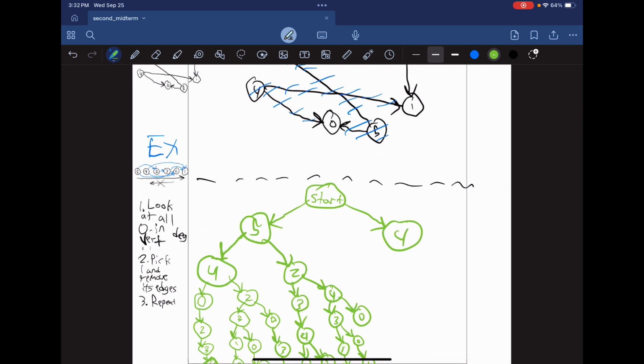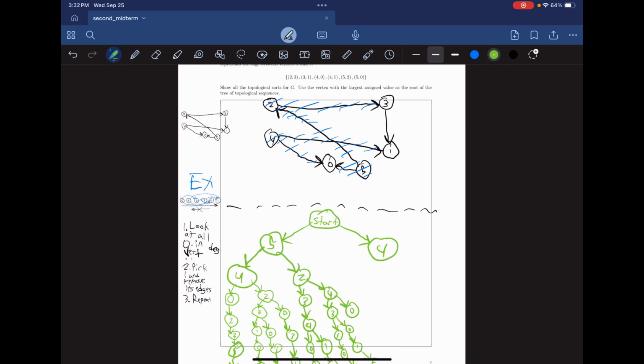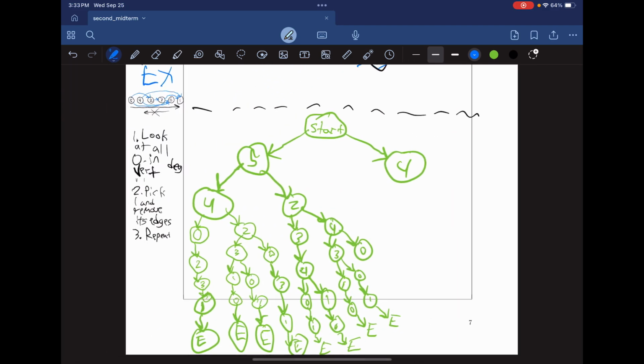If we went back and we removed, after we removed 5 and 2, if we removed 5 and 2 and 4 and 0, we then could remove 3, and then we would have to remove 1 after that, in that specific order, because only the 3 after 0 has 0 in degrees.